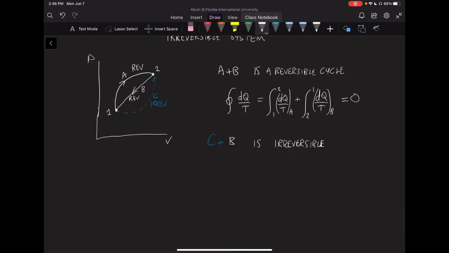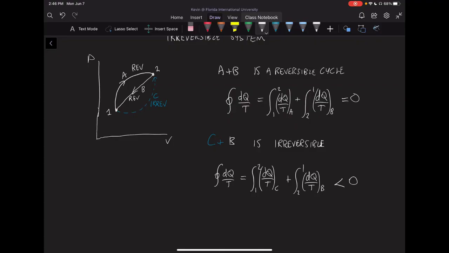Okay, and if we do the closed integral of dq over T, we would have the integral from 1 to 2 of dq over T for process C plus the integral from 2 to 1 of dq over T for process B, which is now less than 0. So remember, when we have an irreversible cycle, the closed integral of dq over T is less than 0. It has to be less.